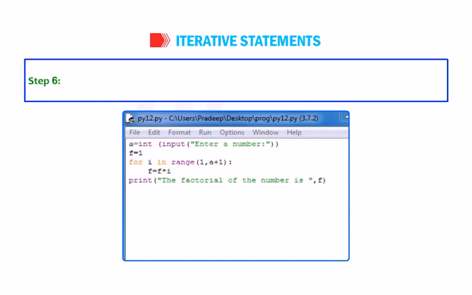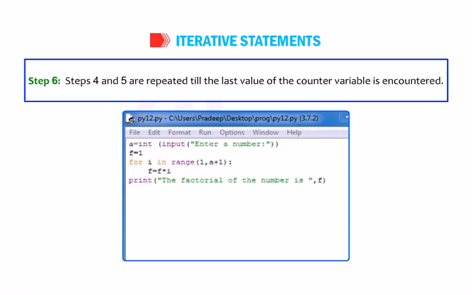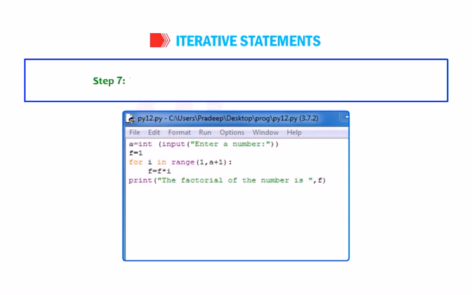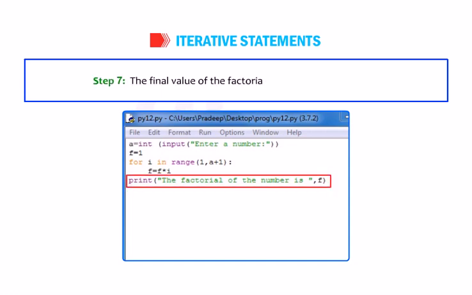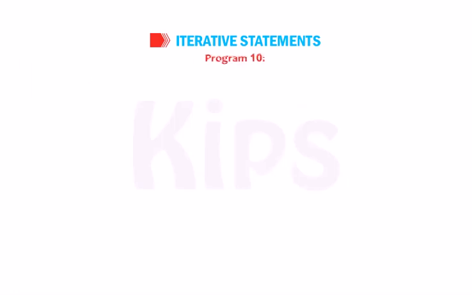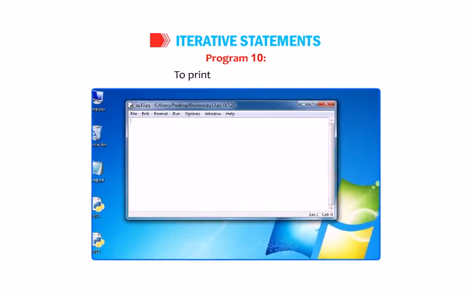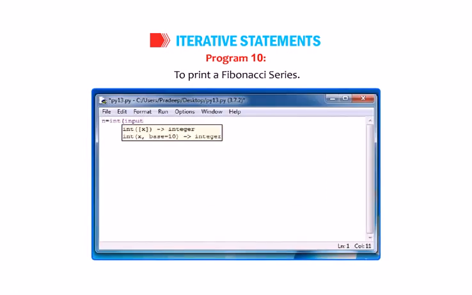Step 6. Steps 4 and 5 are repeated till the last value of the counter variable is encountered. Step 7. The final value of the factorial variable, that is f, is printed. Program 10. To print a Fibonacci series.